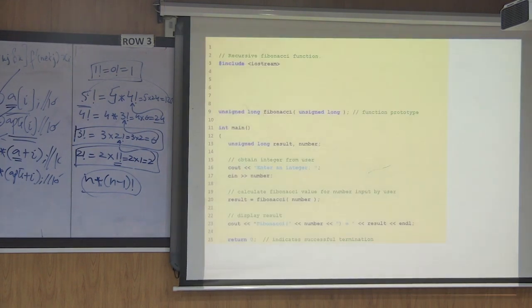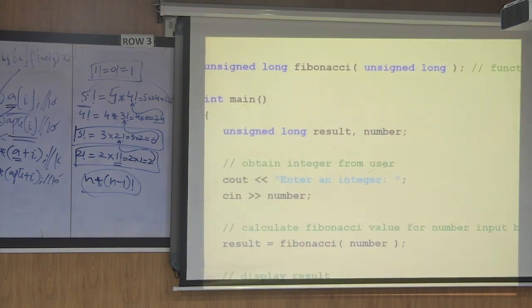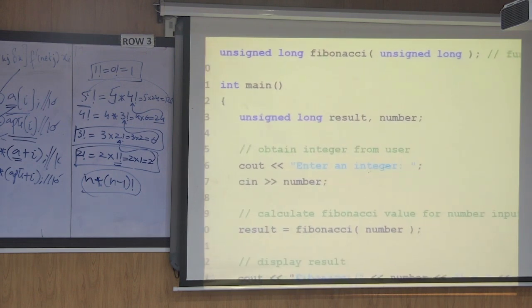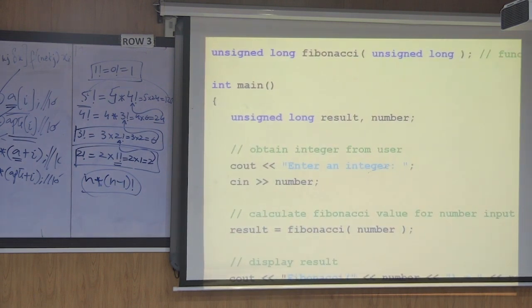Okay. Now let's discuss this. Unsigned long, the same heavy on processing. Unsigned long, result and number. Enter a number. We have got the number. Result equals Fibonacci of that number.